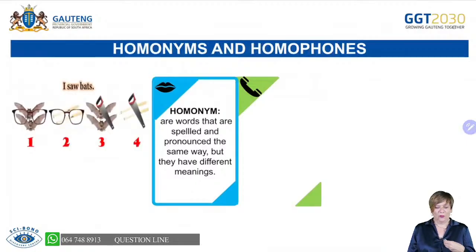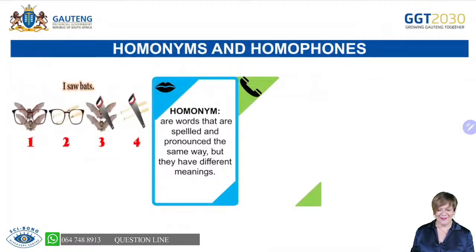But you could also have thought about a bat, like a cricket bat or a baseball bat. Or, and this is strange, it could have been that you saw as a saw, where you saw something.